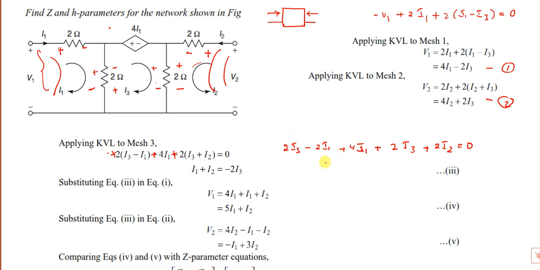So 4I3, you bring 2I1 plus 4I1 to the right side, it becomes minus 2I1 minus 2I2, and I3 is equal to minus 2I1 minus 2I2 by 4.